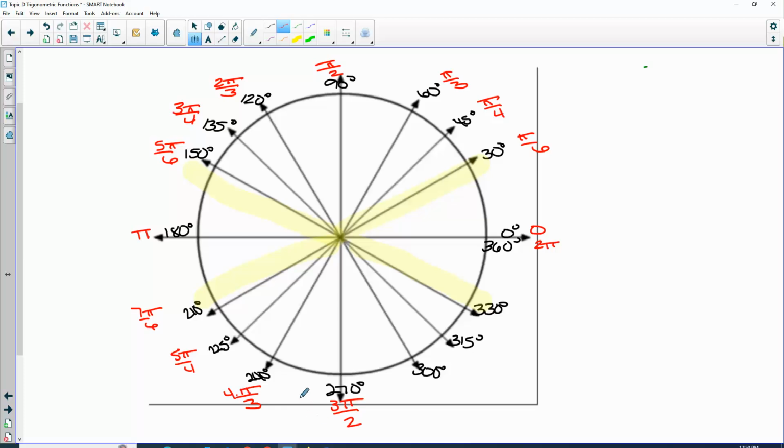It takes me a little bit to start writing these with my slate again. All right, in this one, we're subtracting from 2 pi, so it's double minus 1. So 11 pi over 6, 7 pi over 4, 5 pi over 3.